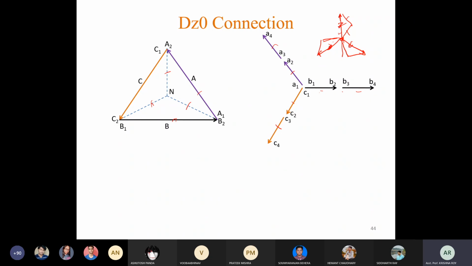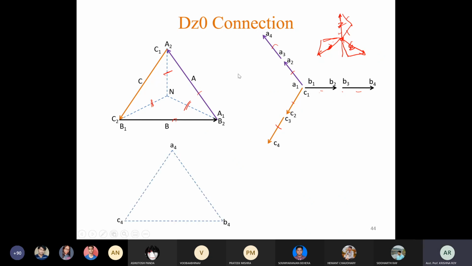Okay, so in this way we have to make connections so that the resultant of any two phases will give you the equivalent star connection or star phasor diagram, and those phases will coincide with these phases, equivalent of this delta connection. Is it clear? Okay, let me show you one by one.